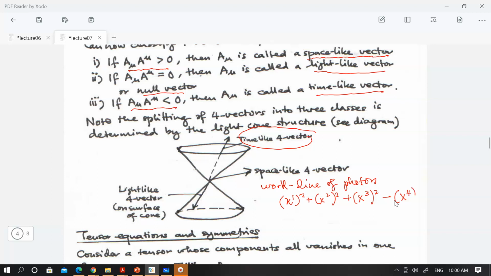What's going to happen in this particular case, this is ct squared, and the spatial distance that it covers will also be the speed times time. So this will also be ct squared. So we have ct squared minus ct squared, and that gives you a 0. So your world line of photon actually appears on the light cone itself.